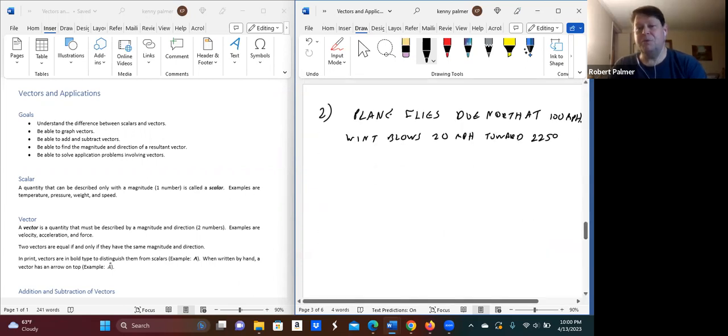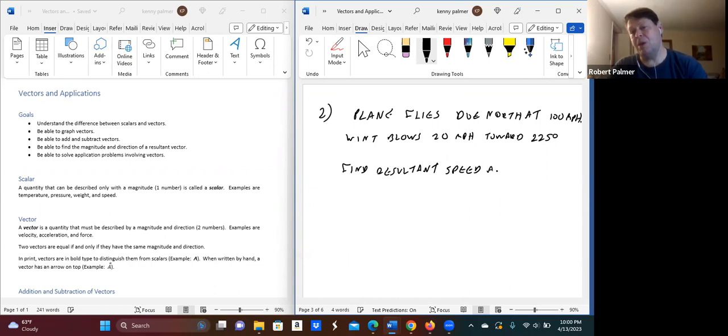What I want to do then is find the resultant speed and direction of the plane.